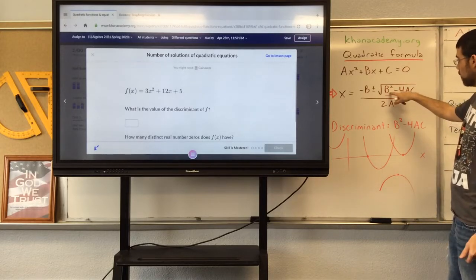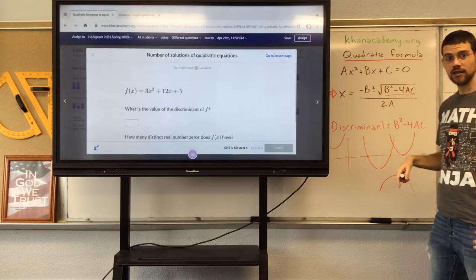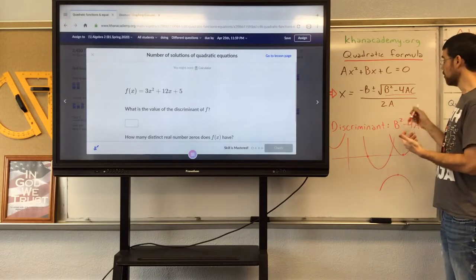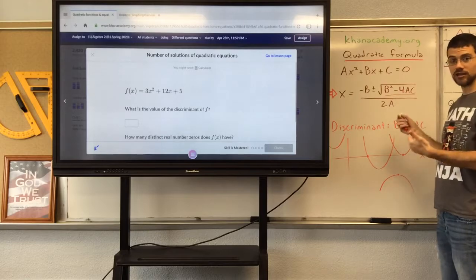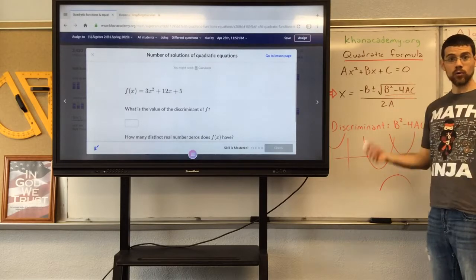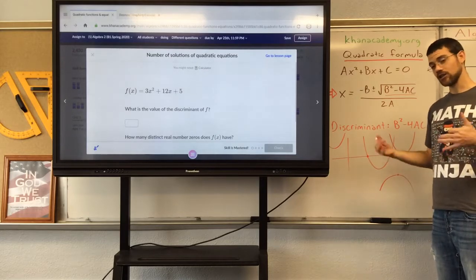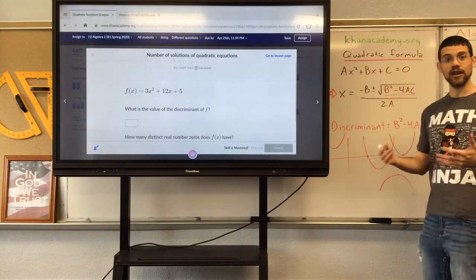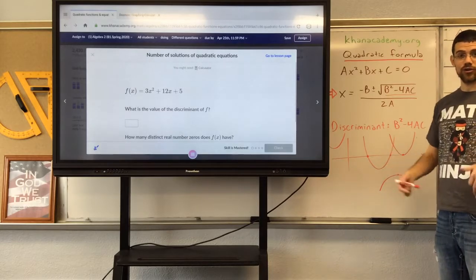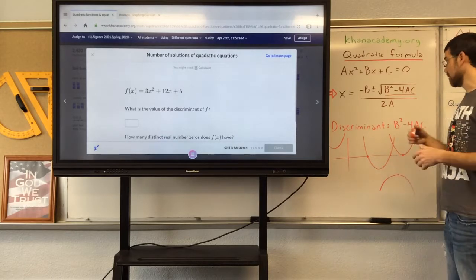Well, b squared minus 4ac could be a positive number. If b squared is greater than 4ac, when we subtract, we'll get a positive number. We know that if we take the square root of a positive number, we get a real number out of that. Something like the square root of 4 is 2, or the square root of 81 is 9.